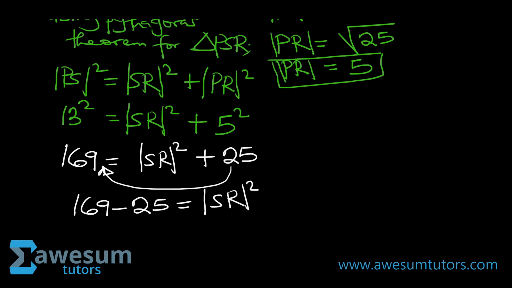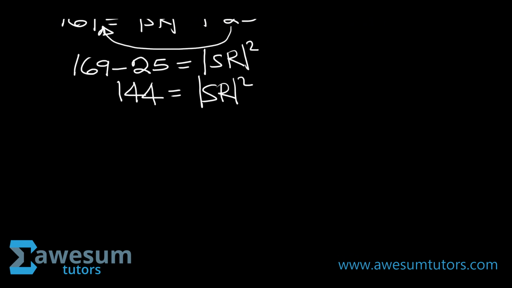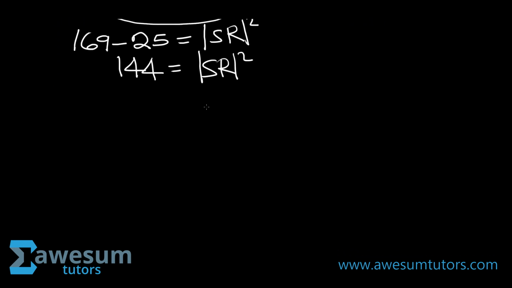This is pretty easy, guys. I hope you are getting it. So in that case, 169 minus 25 is 144. So 144 equals SR squared. Very good, guys. And as you know, that can be rewritten as SR squared equals 144, right?